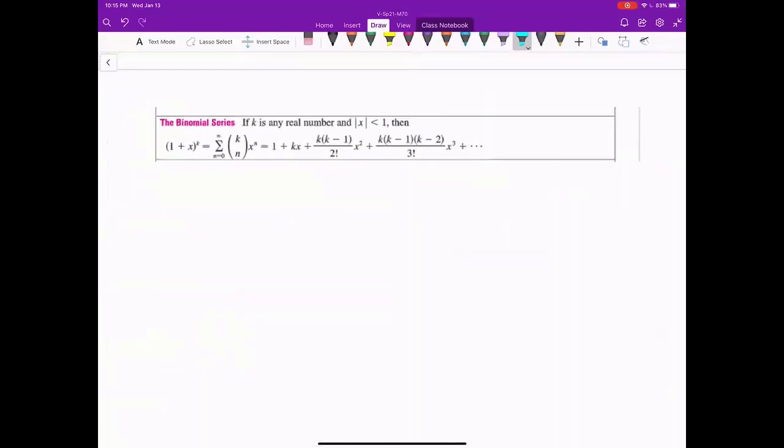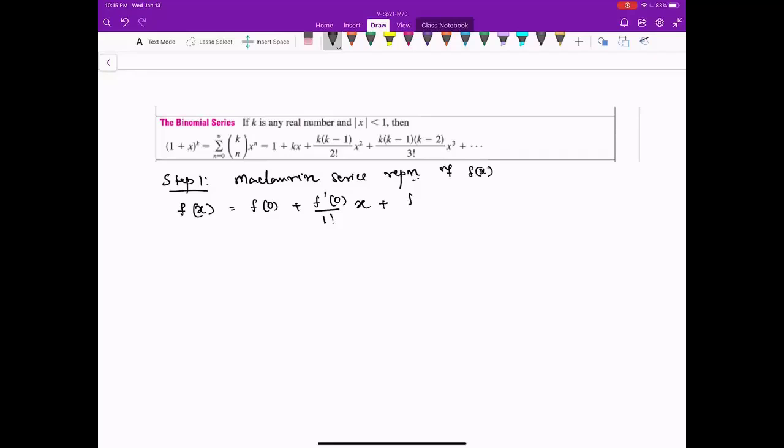So let's start with the Maclaurin series representation of this function. We know that f of x equal to f at 0 plus f prime 0 over factorial 1 x. You know that Maclaurin series is always centered at 0. And f double prime 0 over factorial 2 x squared.